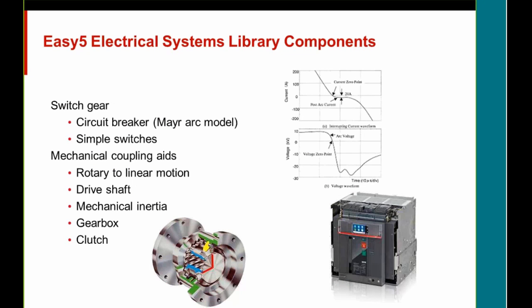There's a drive shaft in there, an inertia, a gearbox, and a clutch. This is actually a triple S clutch that you're looking at next to the right there, and that is substantially modeled. You can model that with the clutch component.